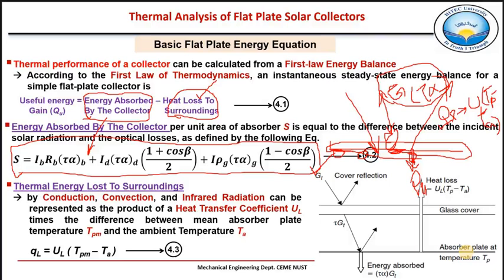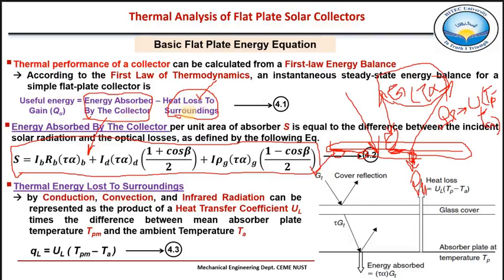Okay, so now we can write these equations here in equation 4.1. So that is QU. Now energy absorbed is given by S, this term S, minus what is this? This is the loss which is given by U into TPM minus TA, this part.